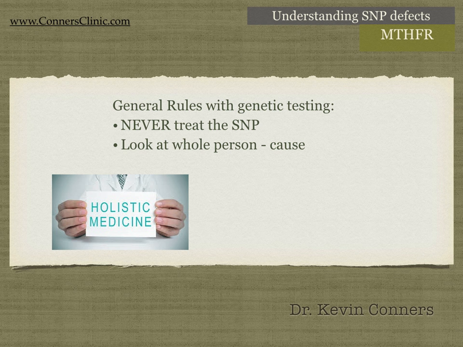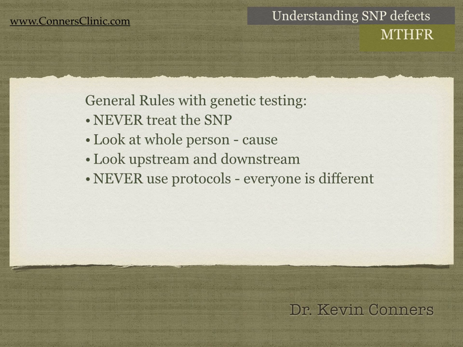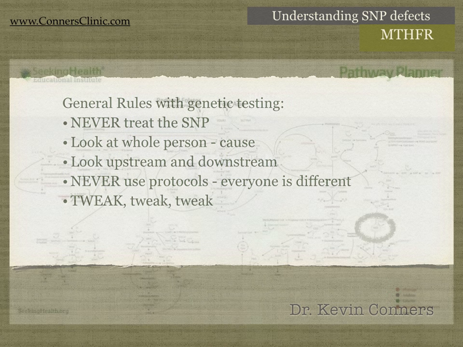So just because I have a polymorphism and I have a decreased production of SOD, what else is part of that picture? Does this person have Lyme disease? Do they have a chronic infection? Do they have whatever? And then you have to look at what's upstream and downstream of that, and how am I affecting that? So make sure that we do that. And we obviously never use protocols, treat everybody differently, and then tweak it along the way.